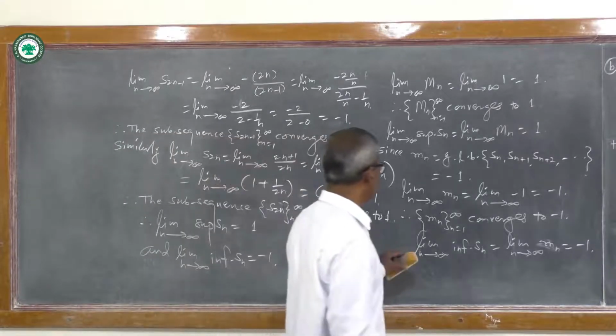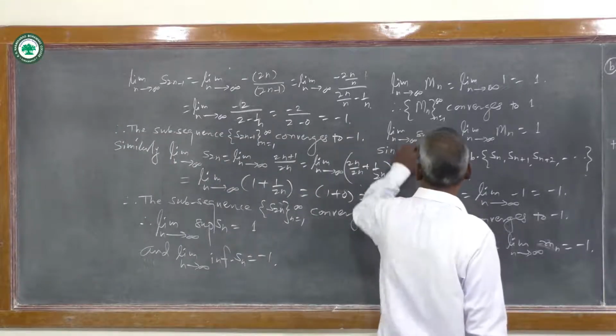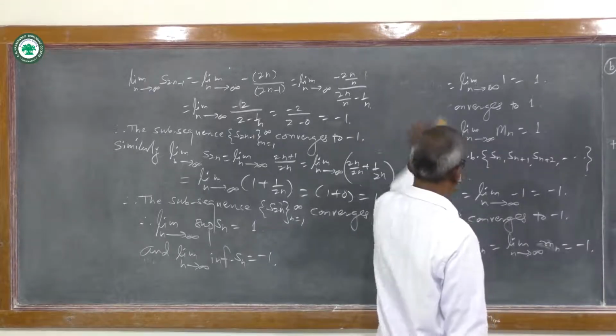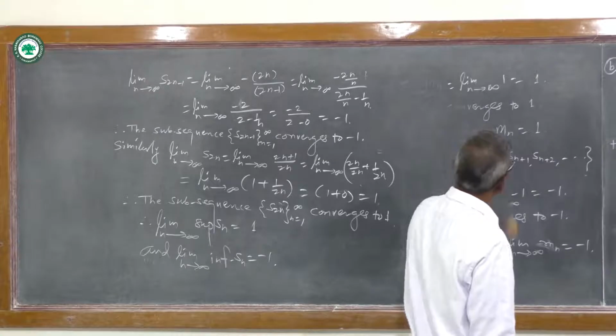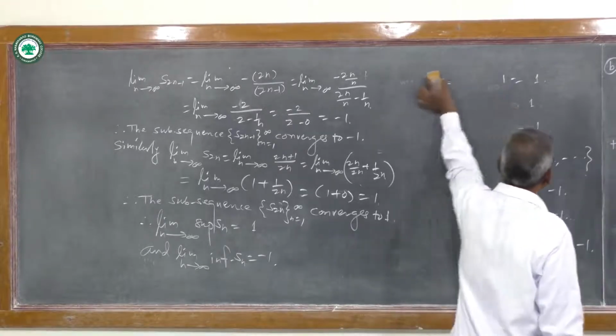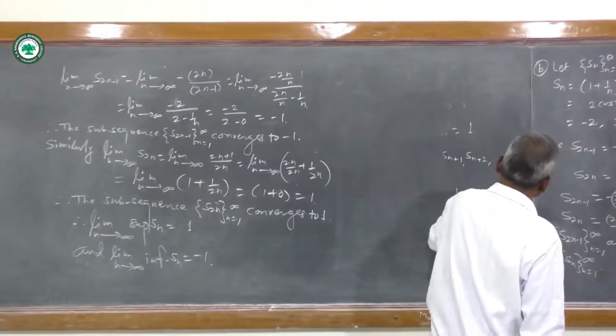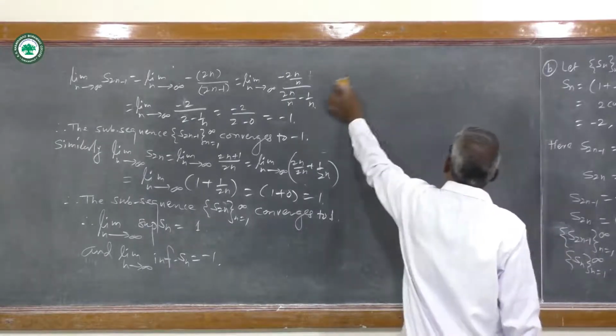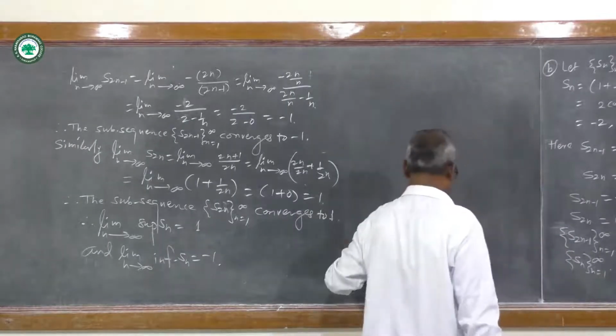Limit superior and limit inferior both exist for the sequence Sn, n is equal to 1 to infinity.